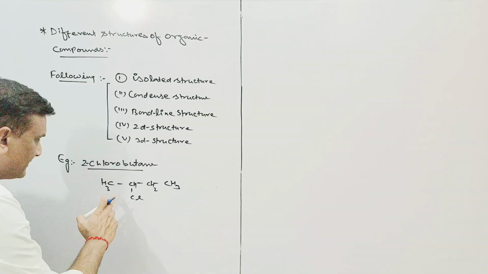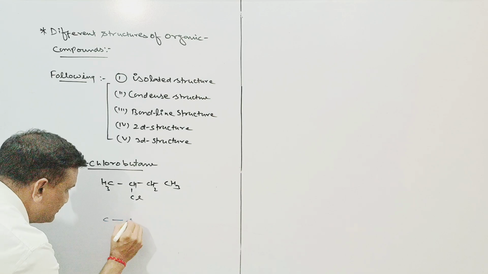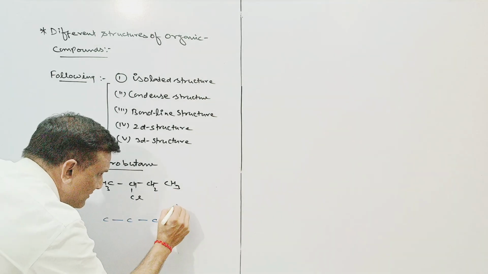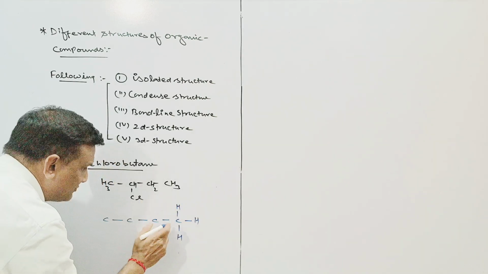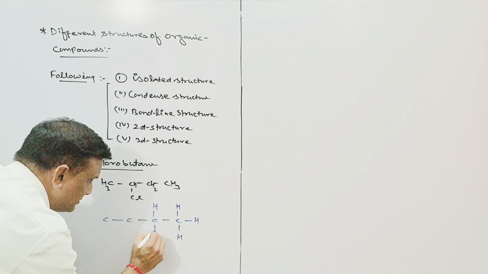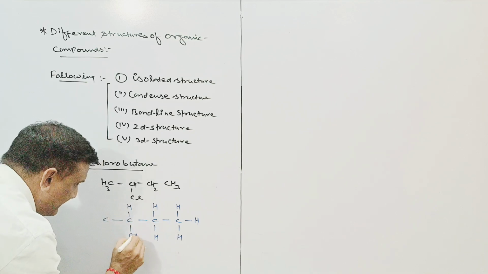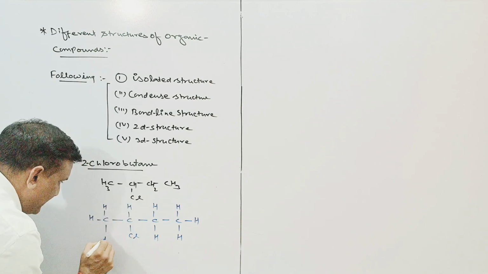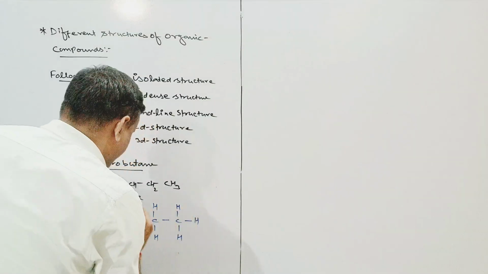As we all know, the valency of carbon is 4. So this is 1, 2, 3 and 4. Here are 3 hydrogen, here 2 hydrogen, here H and Cl, and here 3 hydrogen. This type of structure is called isolated structure.